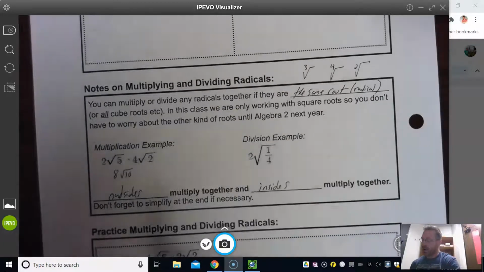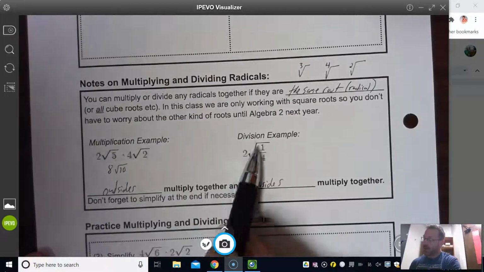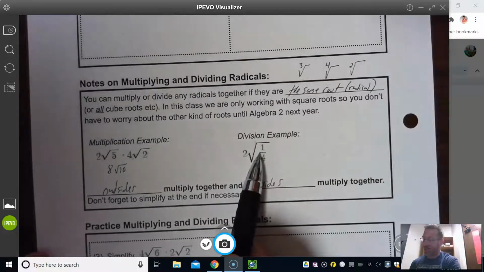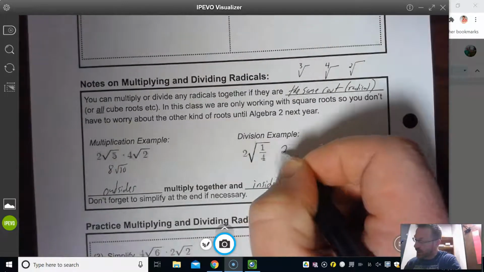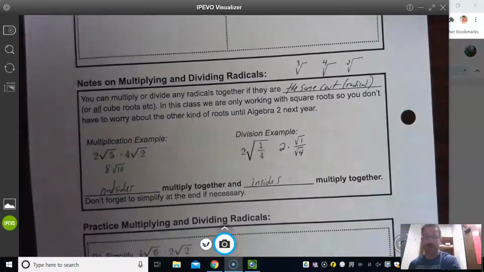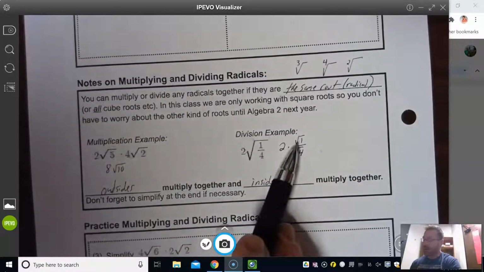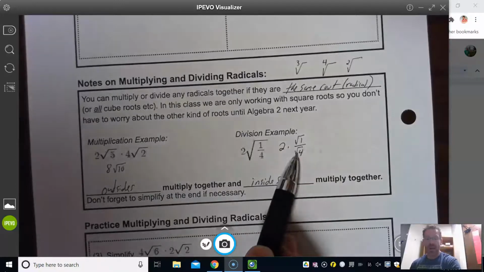Now, notice when I have my division right here. What this means is when I'm taking the square root of 1/4, I'm really taking the square root of the numerator and the denominator. So I could rewrite this as 2 times the square root of 1 divided by the square root of 4. And by doing this, I can simplify the numerator as a separate problem and the denominator as a separate problem.